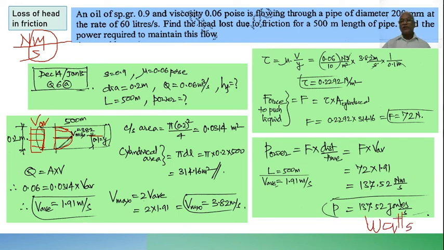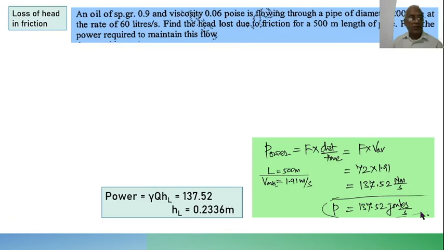Of course, lowercase letter w, it is watts. In abbreviated form, when you want to write, it is capital W. That is the power required, 137.52 watts. Now, what is the head lost? Because they have asked, find the head loss due to friction.